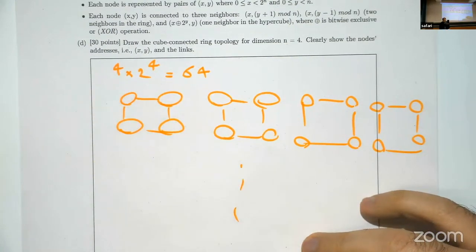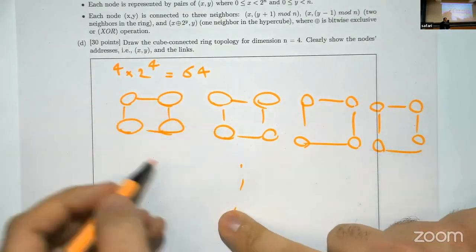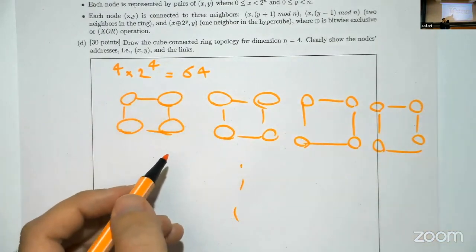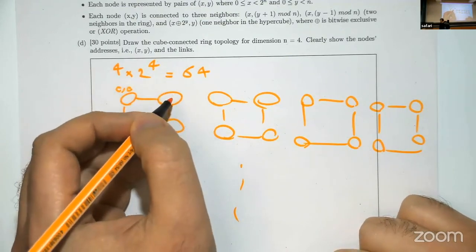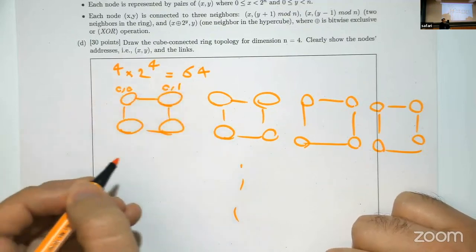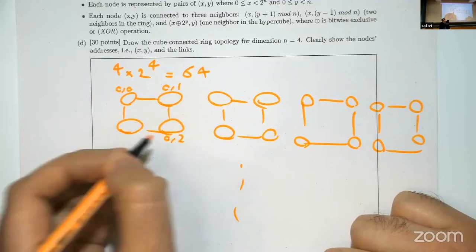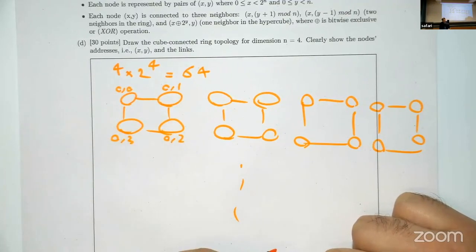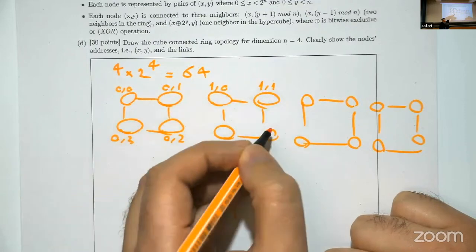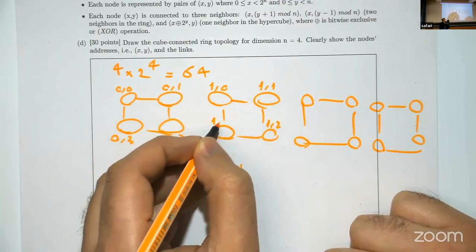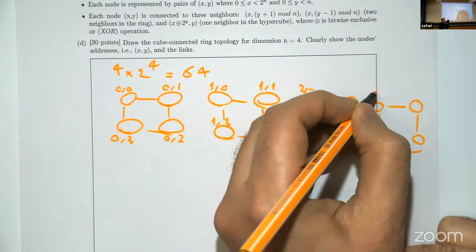Then we need to address them. I will start, for example, by considering this ring has x equals 0. So it's going to be 0, 0, then 0, 1. This should be 0, 2. And this should be 0, 3. This also is 1, 0, 1, 1, 1, 2, and 1, 3. This is 2, and this is 3.